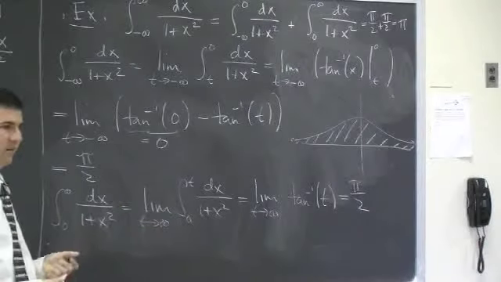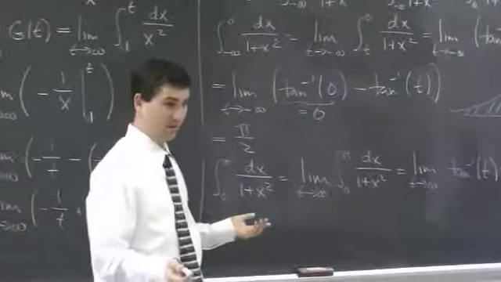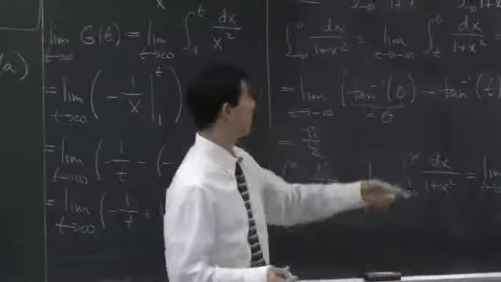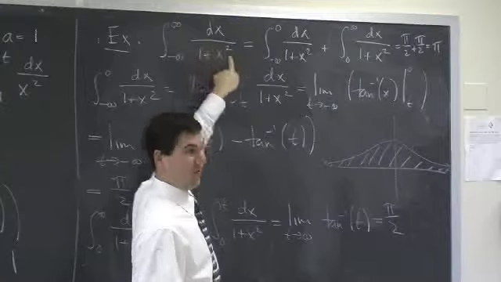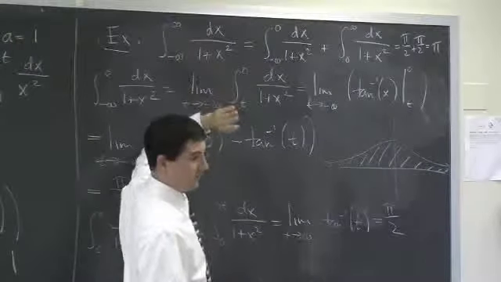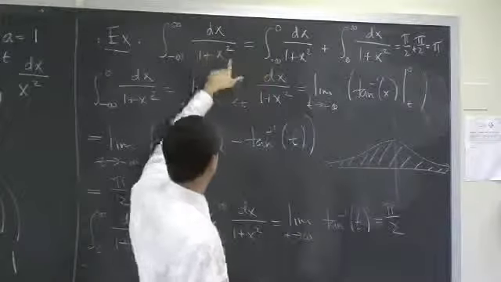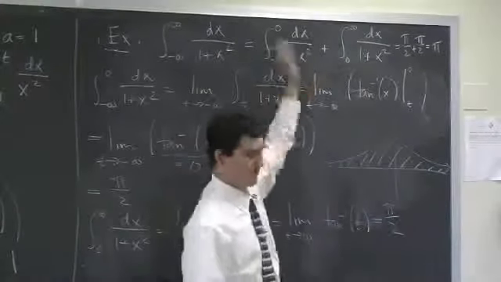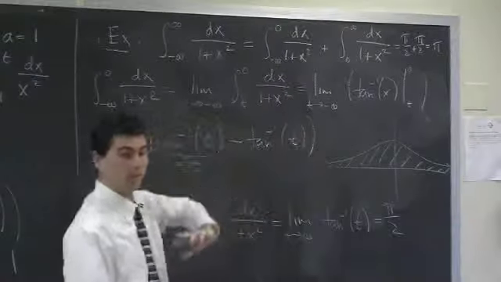Why is that? It's symmetric, right? Why is it symmetric? Because it's an even function. 1 is an even function. X squared is an even function. So their sum is an even function, so 1 over it is an even function. So if you put in the negative values, it's the same as the positive values. So you actually only had to compute one of these and then just multiply by 2.